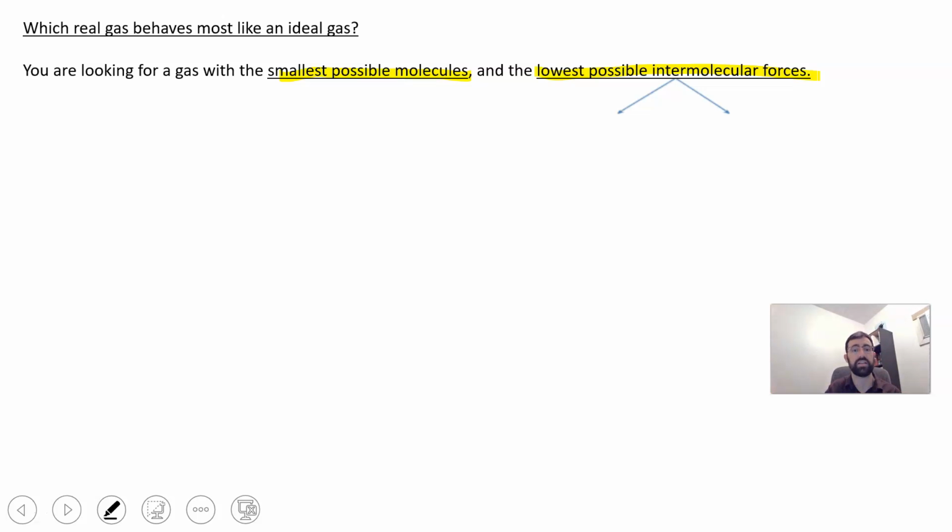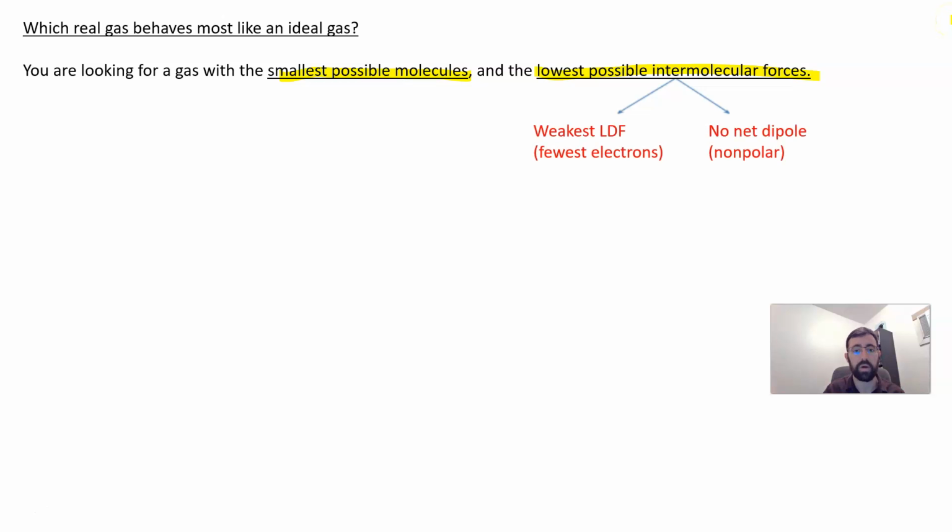If we're talking about just a type of molecule that is the most ideal, it's as small as possible while having the lowest possible intermolecular forces. That molecule is helium. It's got the weakest LDF. When it says the lowest possible intermolecular forces, we mean the weakest LDF.